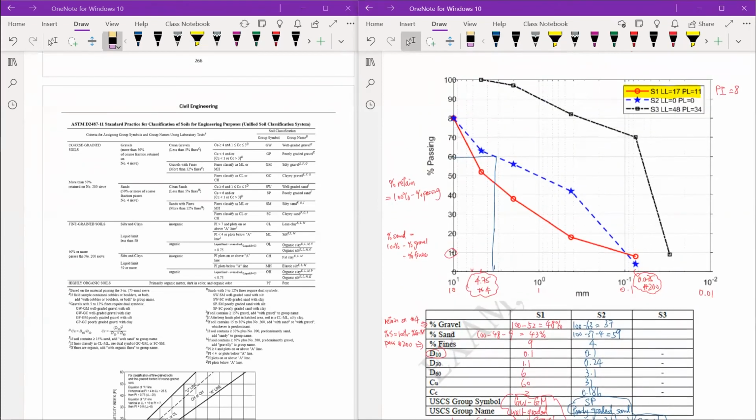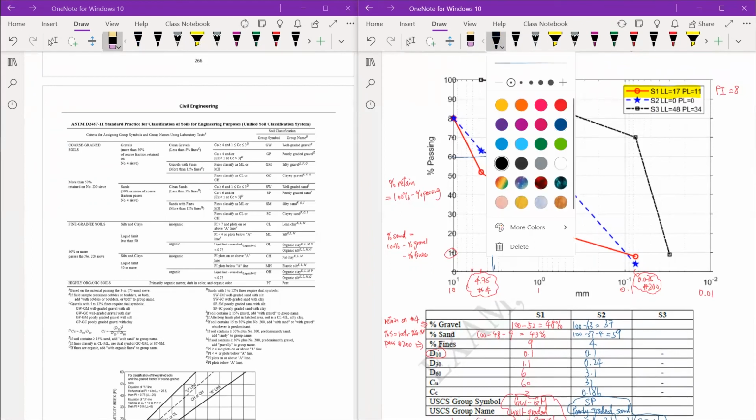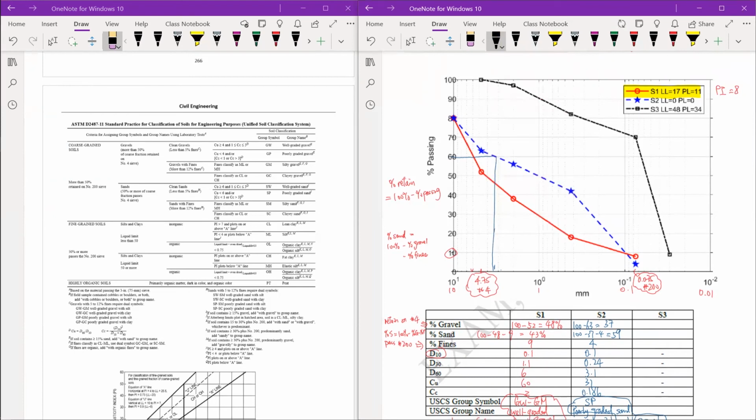the same procedure again. Very first thing we always need to handle is put down percent gravel, percent sand, and percent fines. And always start with percent fines, because that's the most straightforward one. We read off from the number 200 sieve, which is right here, 0.0075 millimeters. This time we have 70%. So we read off from this chart, this number here.